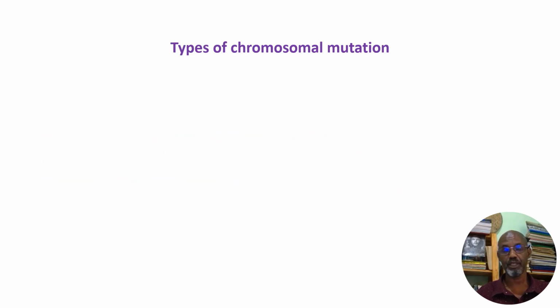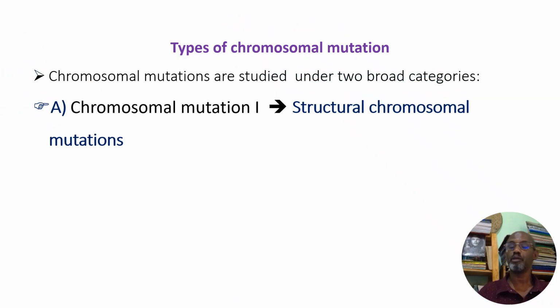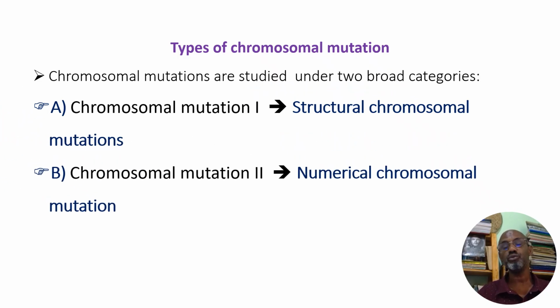Types of chromosomal mutation. I have already told you. Chromosomal mutations are studied under two broad categories. One, chromosomal mutation type 1, structural chromosomal mutations, where a chromosome undergoes structural change. The second is chromosomal mutation type 2, which is numerical chromosomal mutation, that is deficiency in number or surplus in number.